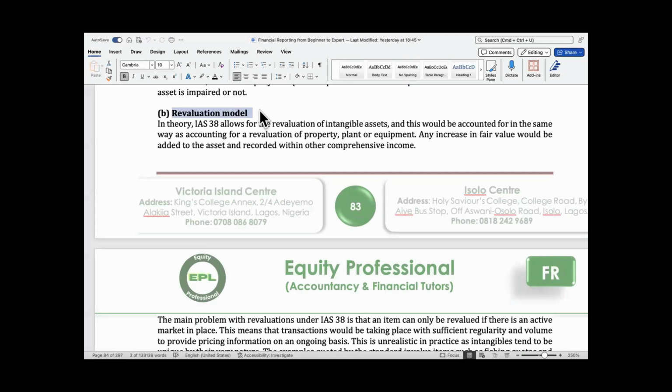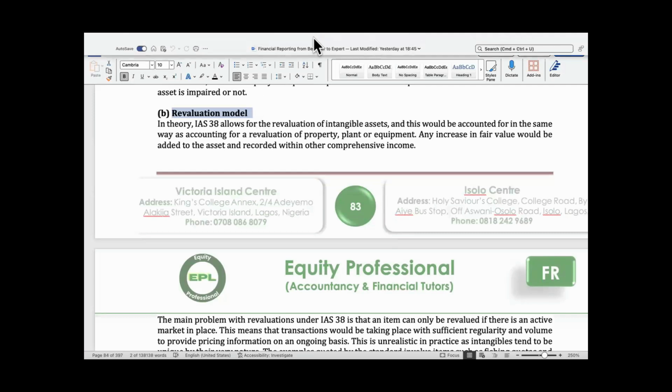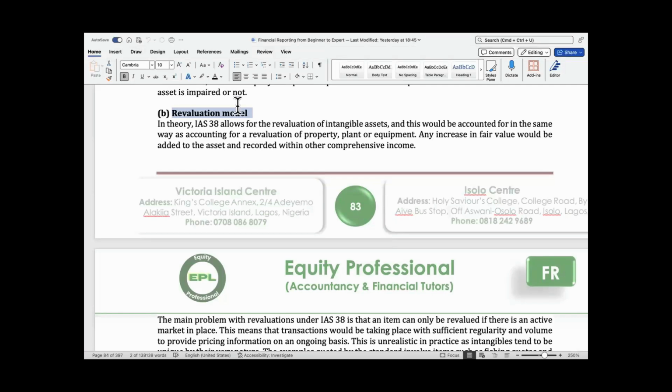And the reason is that for you to use revaluation model, the intangible asset must have an active market where you can get the fair value, because that's the whole essence of revaluation model.